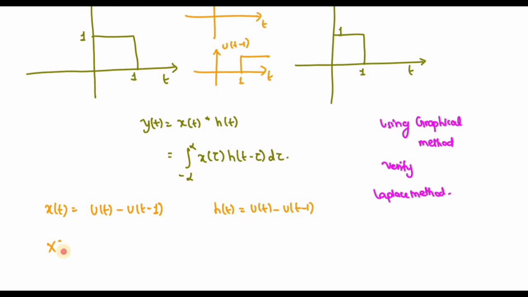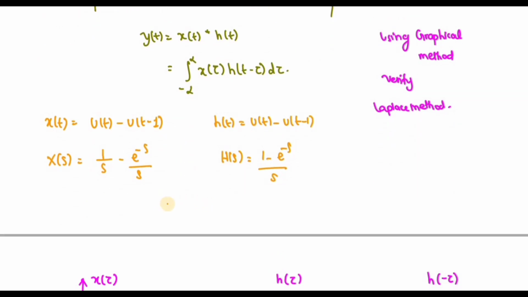So what is my x of s? If I take a Laplace transform, this is nothing but 1 minus e power minus s divided by s. Okay. So my h of s is also nothing but 1 minus e power minus s divided by s. So I need to find the value of y of s, right? Y of s is equal to h of s into x of s.